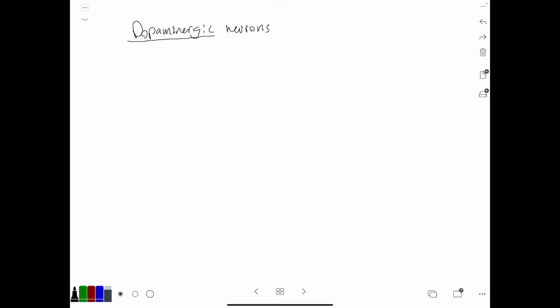Dopaminergic simply means having to do with dopamine, or more specifically, having to do with the release or binding or producing of dopamine.